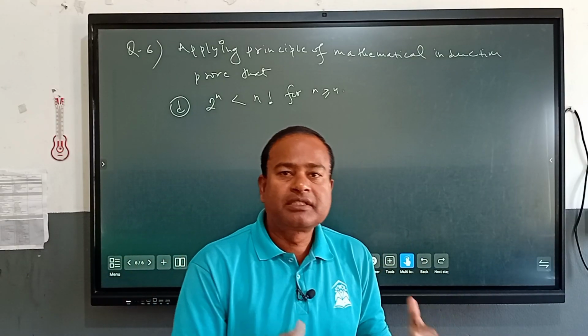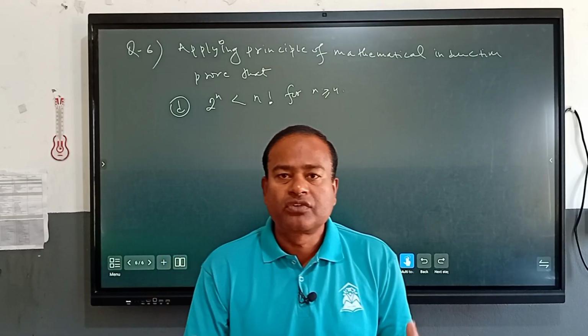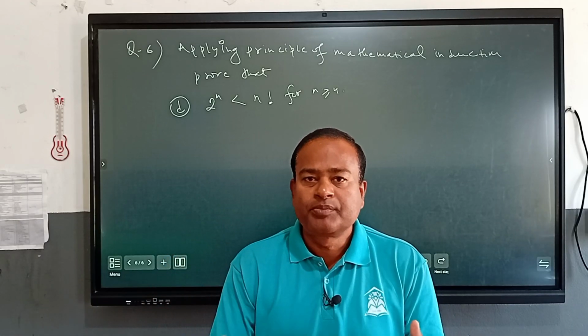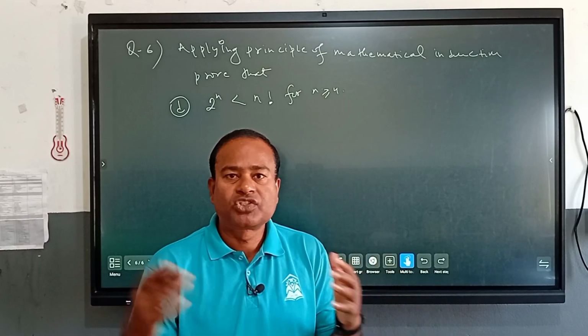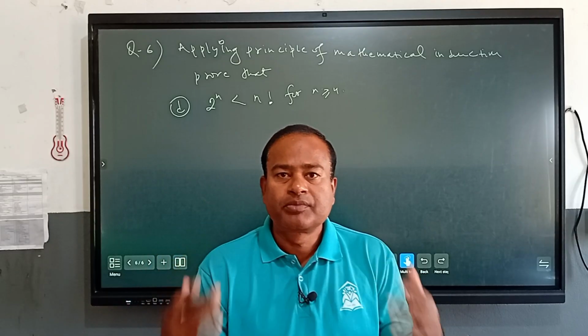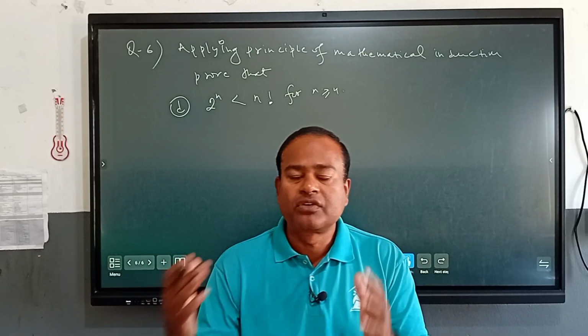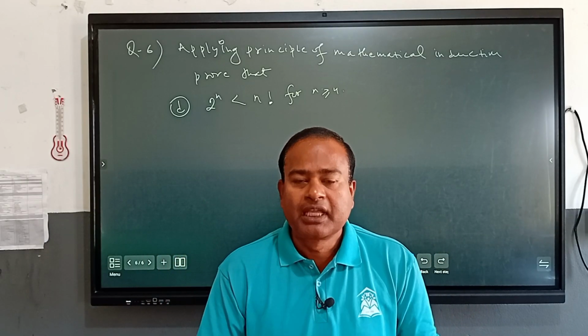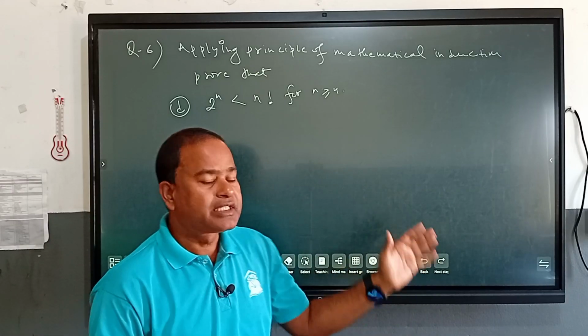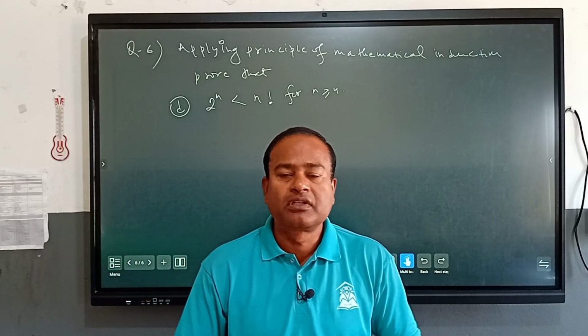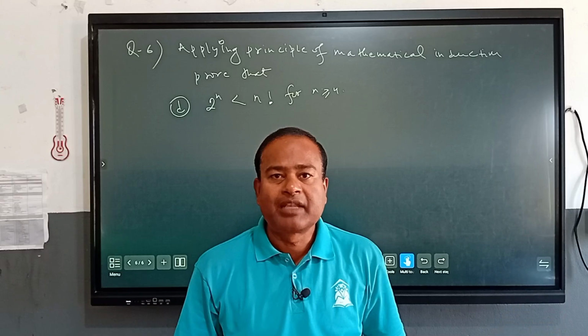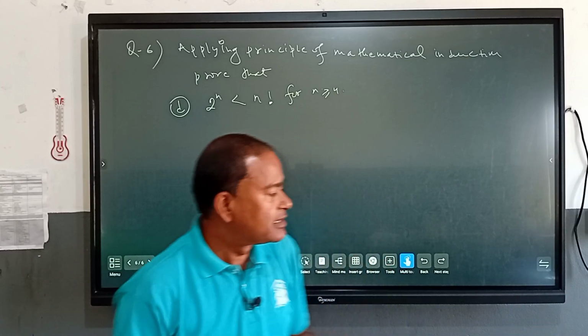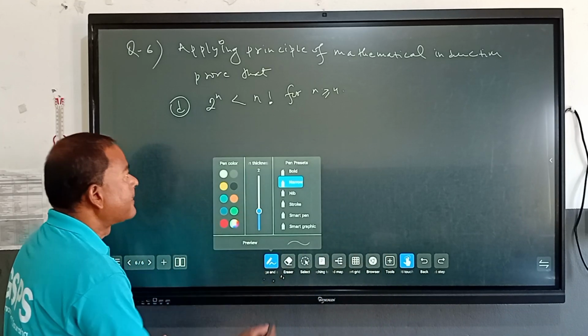Then we assume that the given statement is true for n equals k, and by assuming this, we prove that it is true for n equals k plus 1. And finally, we conclude that the given statement is true for all natural numbers n. So let's find out the solution.